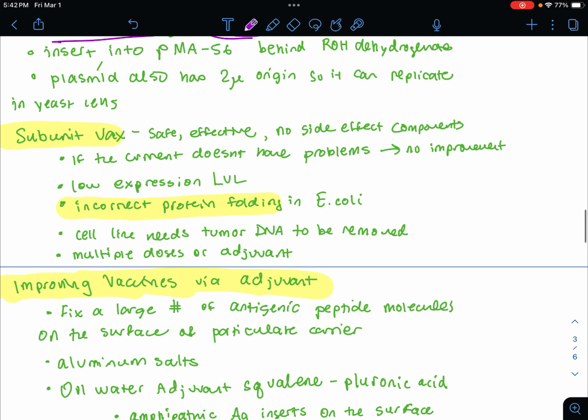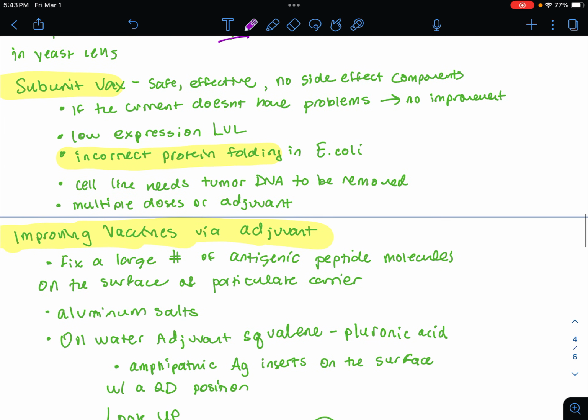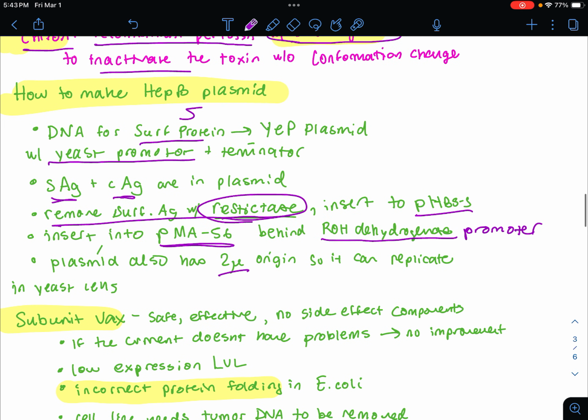Okay, so afterwards you're going to then insert it into pMA56, which is another type of plasmid, behind an alcohol dehydrogenase promoter. The plasmid also contains the 2-mu origin, so it could replicate in yeast cells. There's a whole picture of that.